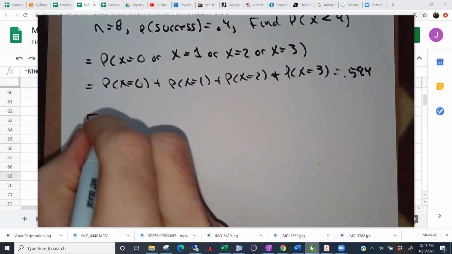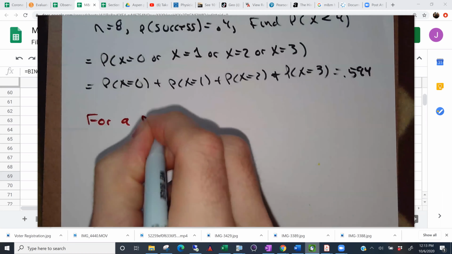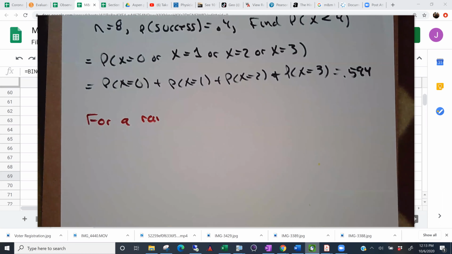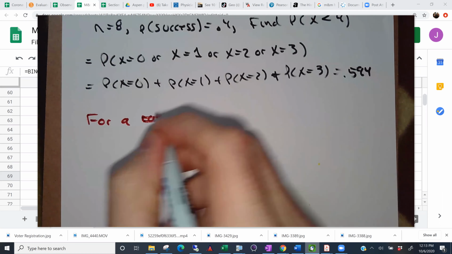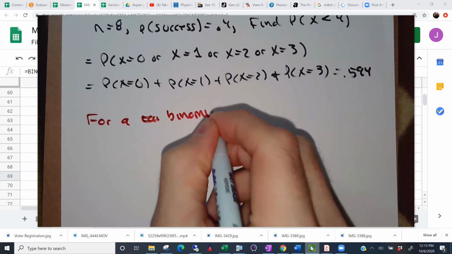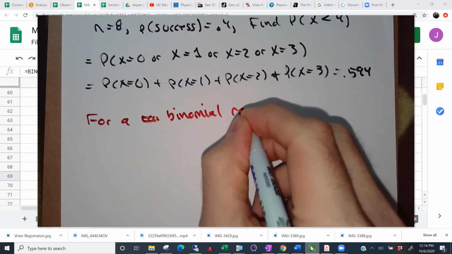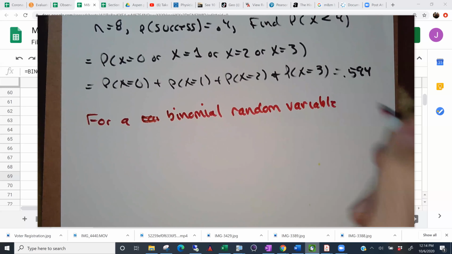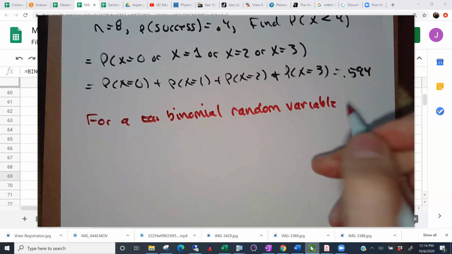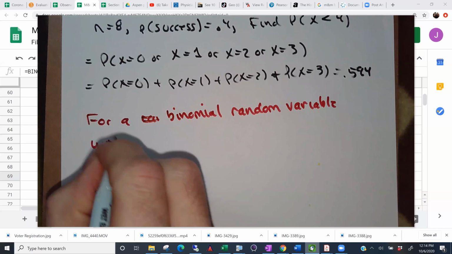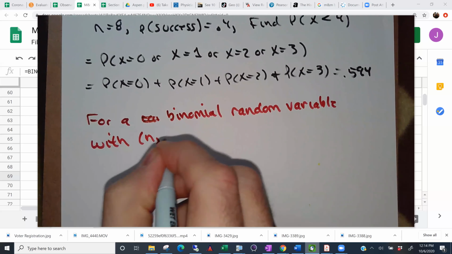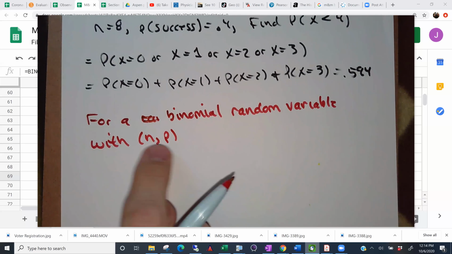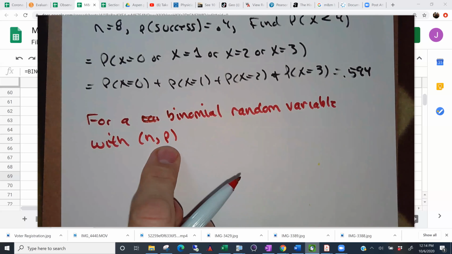So for a binomial random variable, and with this binomial random variable, I'm going to assume that we have n trials and a probability of success of p. So these are the parameters, is what they would call it, of this distribution.